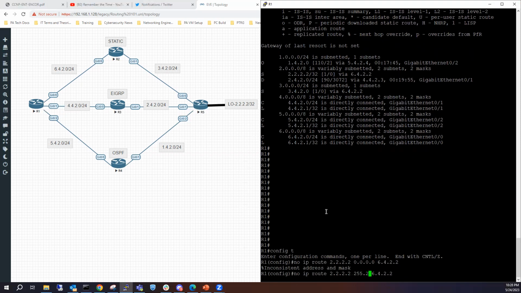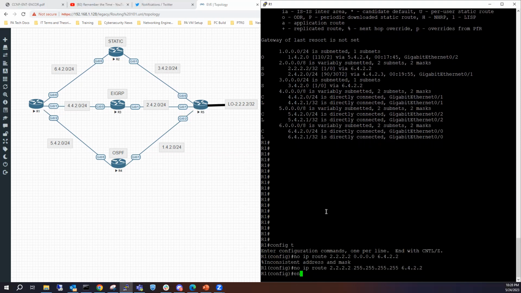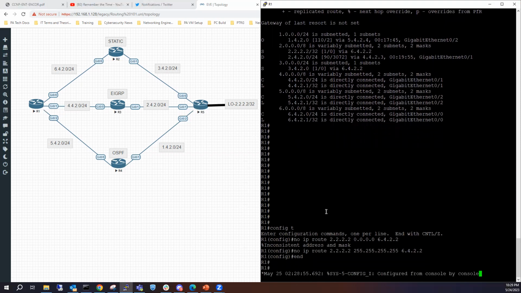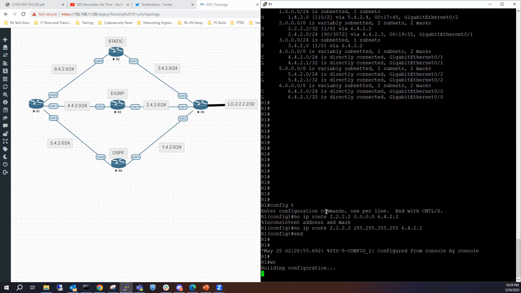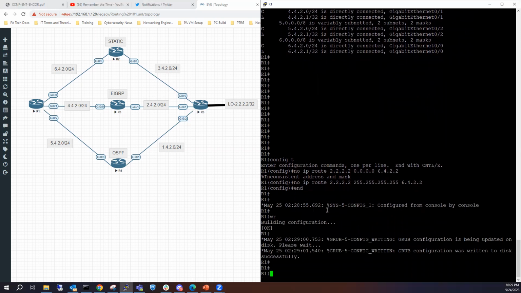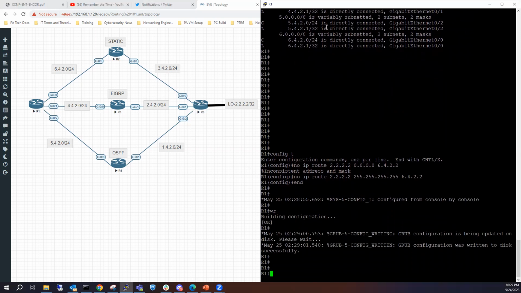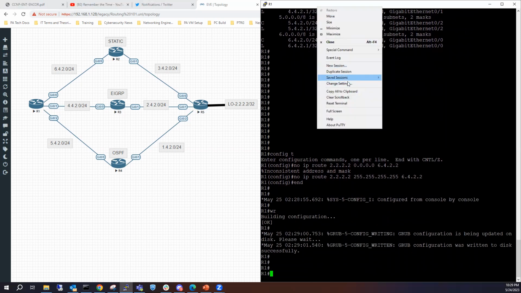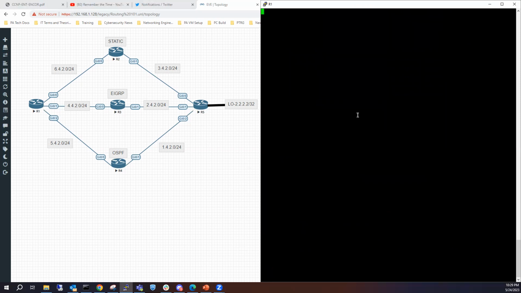All right. What's going to happen as far as how to get to our destination network, which is 2.2.2.2? Let's take a look at that routing table now.